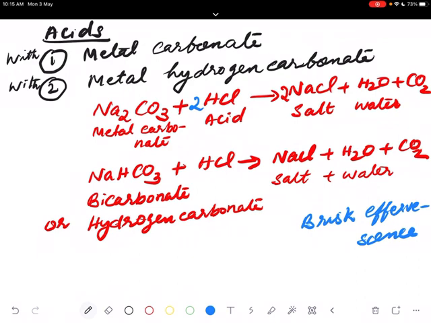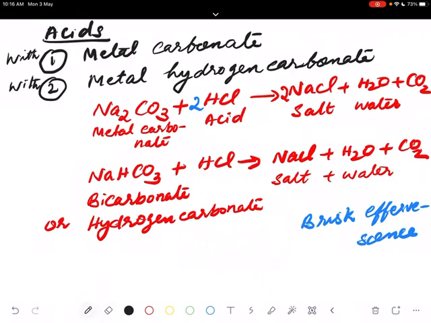How can you check whether the coming gas is carbon dioxide or not? For that, the gas is passed through lime water. Lime water is Ca(OH)2. If the lime water turns milky, the milkiness is due to the formation of solid calcium carbonate. Let me write that equation.